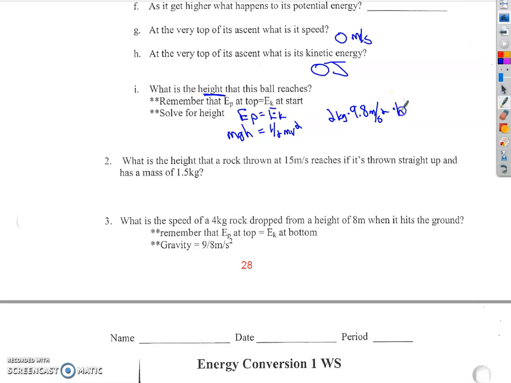And the height is what we're looking for. Now kinetic energy is 1/2 mv squared. And I should just put the data in here. The mass was 2 kilograms. And the speed that they gave us in the first part was 10.0 meters per second, and that part gets squared.